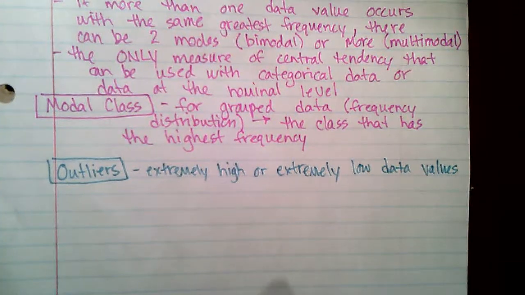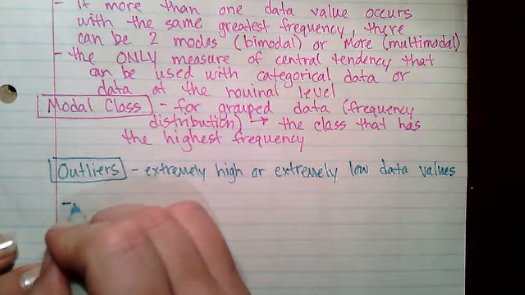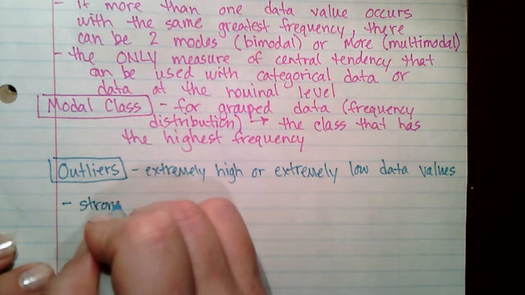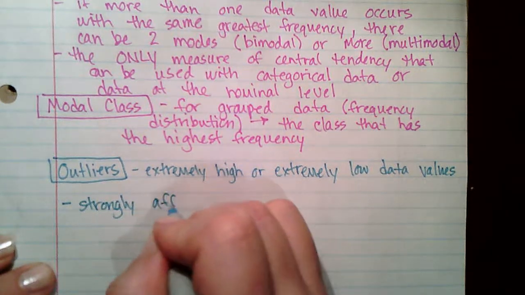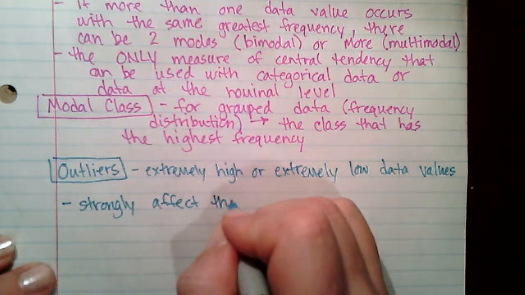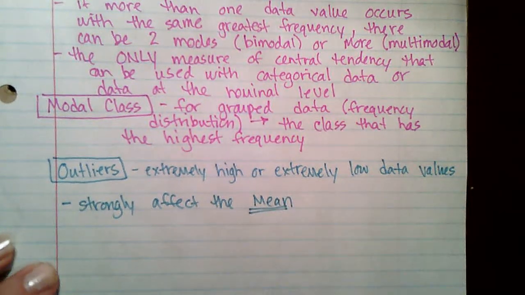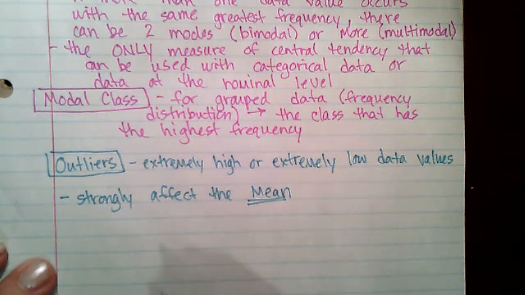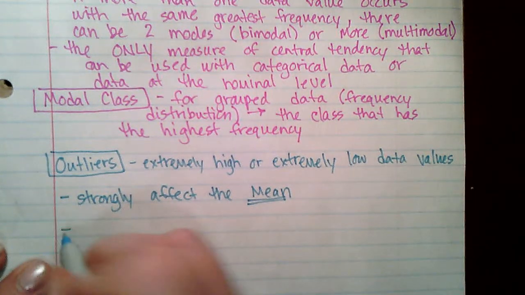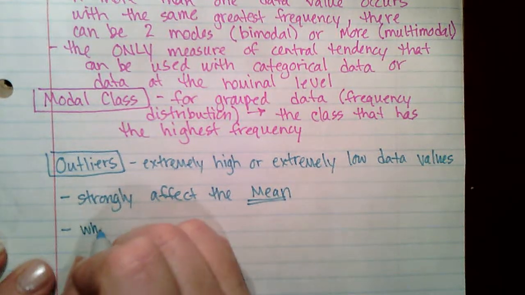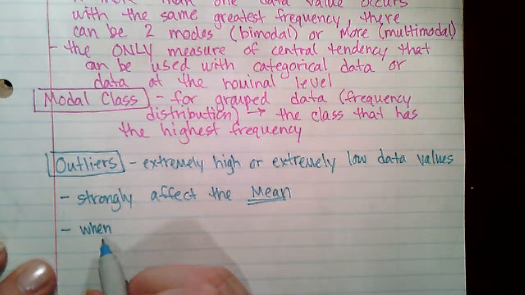Now, when you're working with measures of central tendency, outliers have a very strong effect on the mean because we're adding up all the numbers and then dividing by the total number of values. So if you have an outlier in your data set, you should not use the mean as your chosen measure of central tendency because it won't describe the overall data very well.